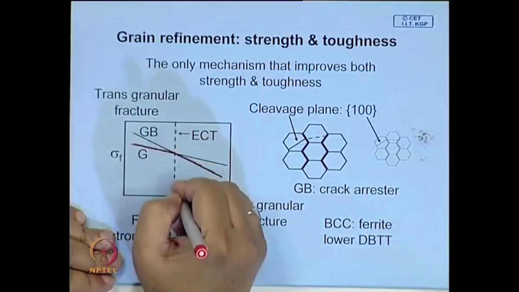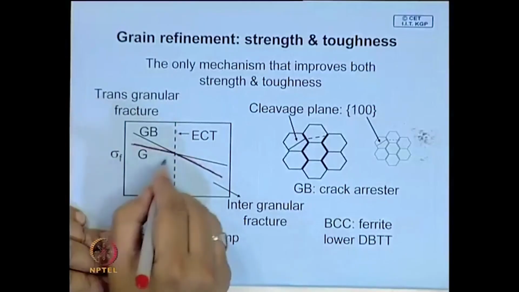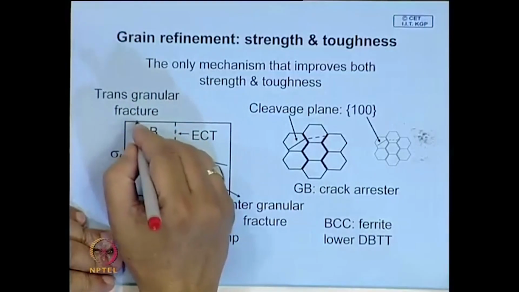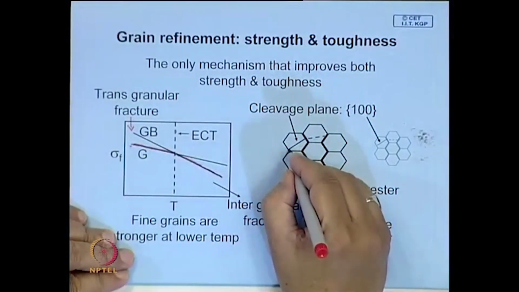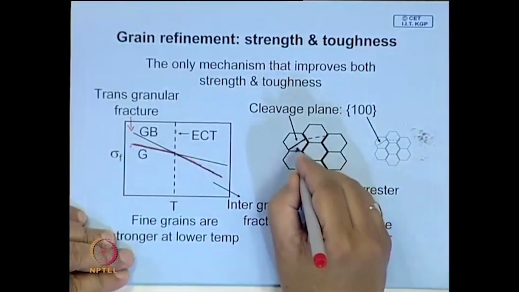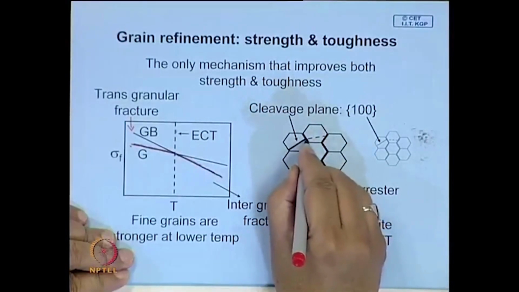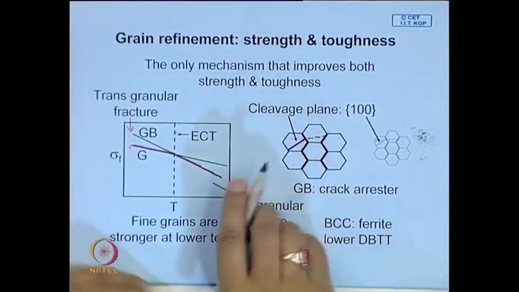Below this temperature the grain boundary is stronger, so the crack does not pass through the grain boundary, it is the grain through which the crack passes, and you have transgranular fracture. If there are cleavage planes, imagine the crack is taking place here, and when it reaches this grain boundary, for it to propagate you need another cleavage plane over here, and possibly this is the cleavage plane, which may not be favorably oriented.